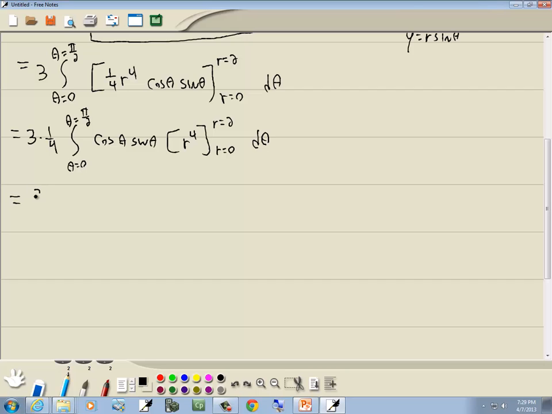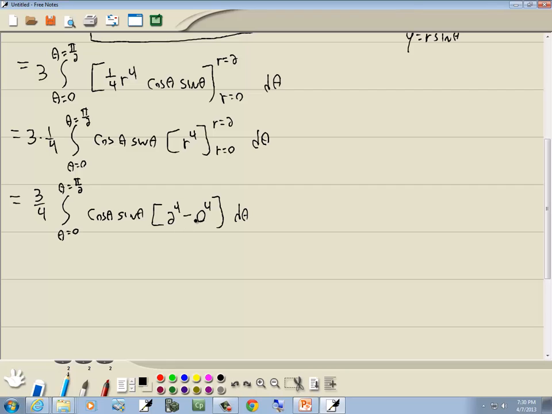Well, that gives us 3/4, theta from 0 to pi over 2, of cosine theta, sine theta. And we'll plug in these values for r. So put 2 in for r, we've got 2 to the fourth, minus, and put 0 in for r, we've got 0 to the fourth, d theta.